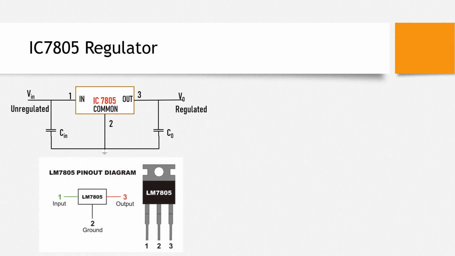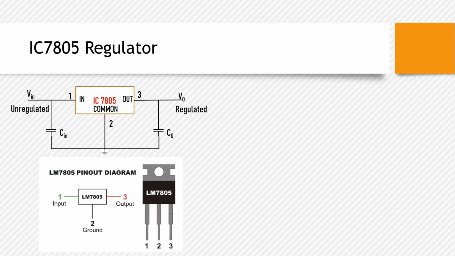Now looking at the fixed voltage regulator, that is IC 7805. 7805 is the important series here, and these are all positive voltage regulators. The block diagram and the pin diagram configuration of the 7805 regulator is as shown. The 78 series are the positive voltage regulators. This is going to deliver an output voltage of 5 volt.